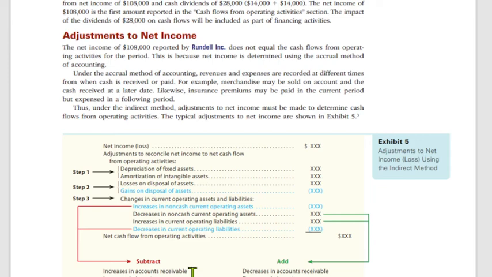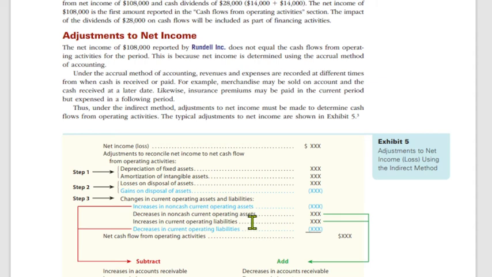Pag nag-increase yung inventory, ibig sabihin bumili ka ng additional inventory. So dapat bawasan mo kasi may cash component dyan. Ibig sabihin, bumili ka ng inventory. And so on. Okay, let's take a look at the decreases in non-cash current operating expenses. O di kapag decreases, edi yung kabaliktaran, you add.